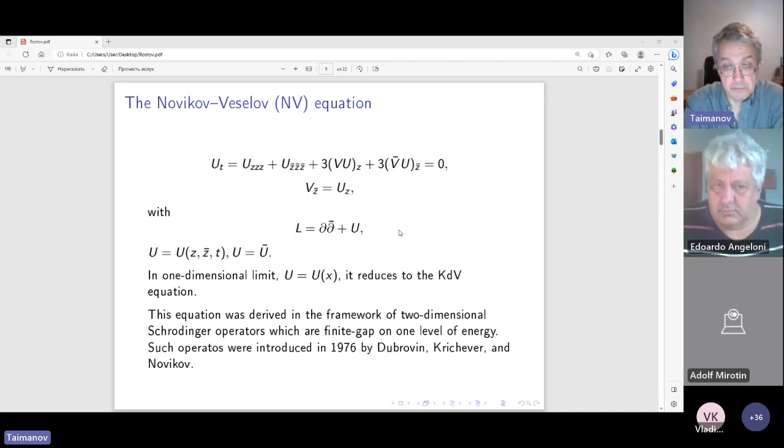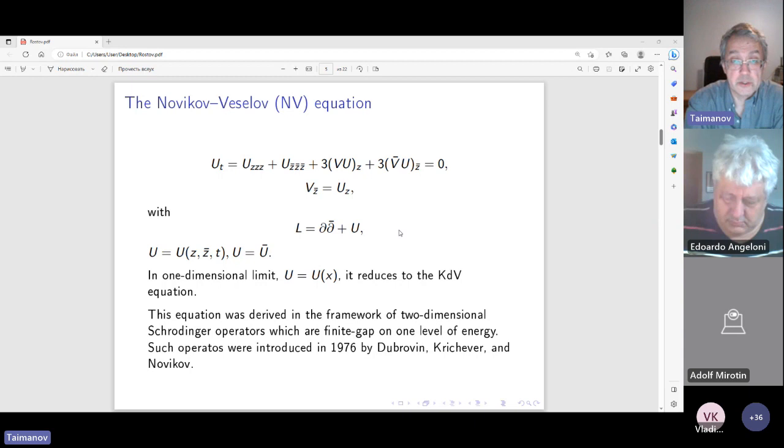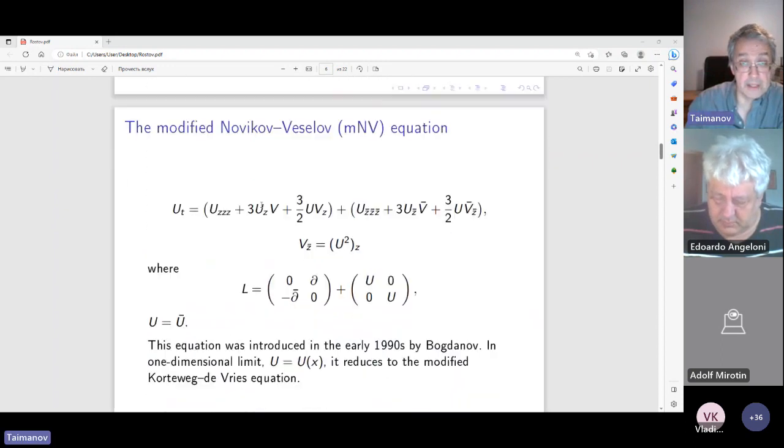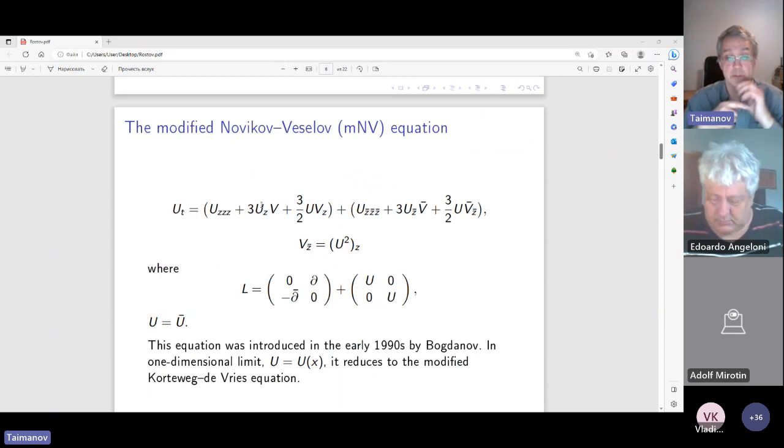So the theory started in 76 with these two-dimensional finite gap Schrödinger operators, but this equation was derived 8 years later in joint articles by Novikov and Veselov. Another one is the modified Novikov-Veselov equation. It was introduced in the early 90s by Bogdanov, who was at that moment a PhD student of Manakov. And the idea was the following.